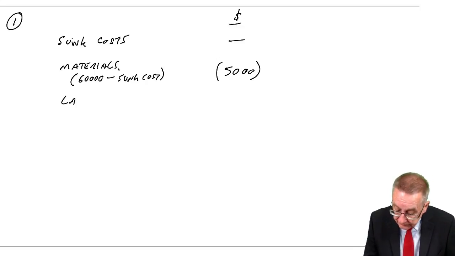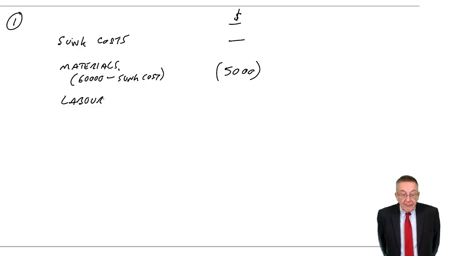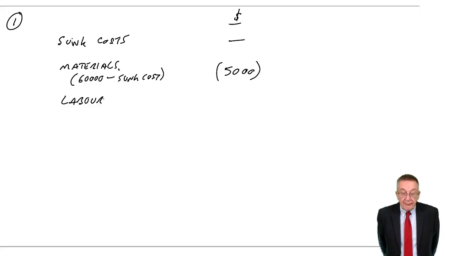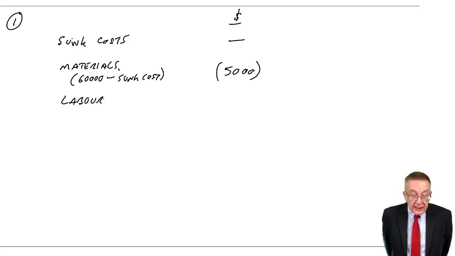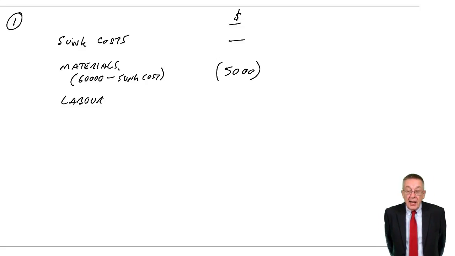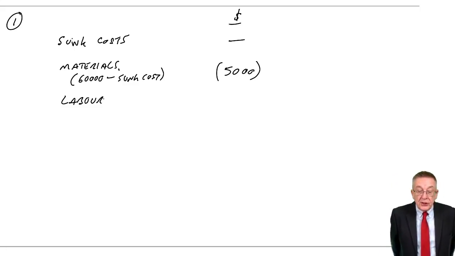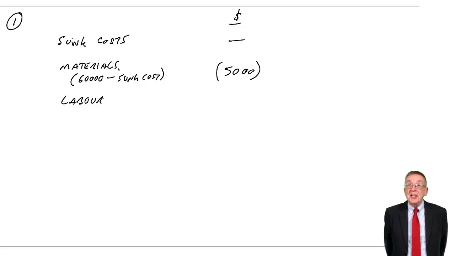Look at labour. Next one. Skilled labour is hard to recruit. The workers concerned have been transferred to this project from a production department, and the production manager claims that if the men were returned to him, they could generate sales of 150,000 in the next year.